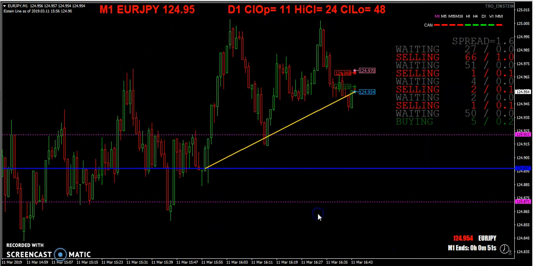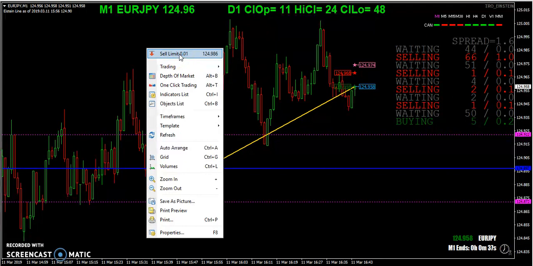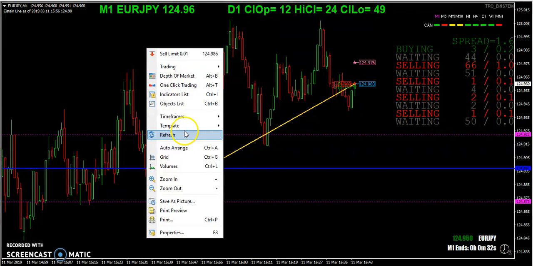You know, a simple indicator, the TRO Einstein indicator that I wrote. It just did that thing again. I don't know why my mouse is doing that, but it keeps doing it somehow when I click on that.